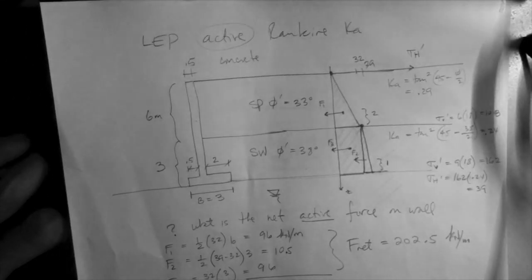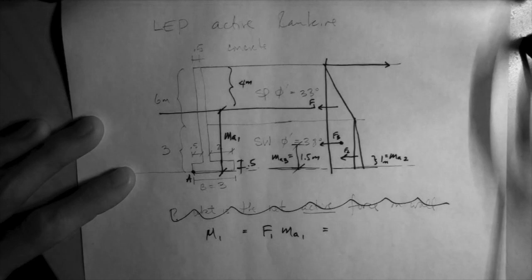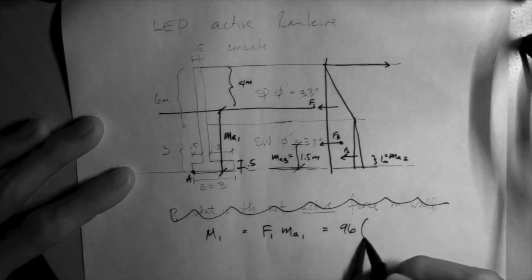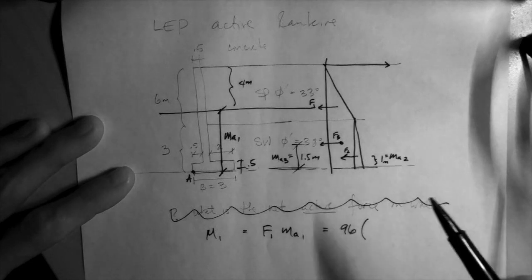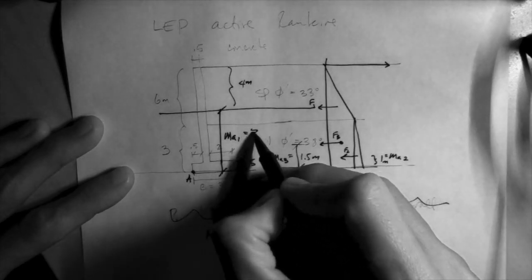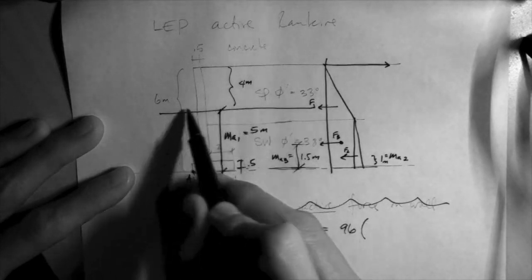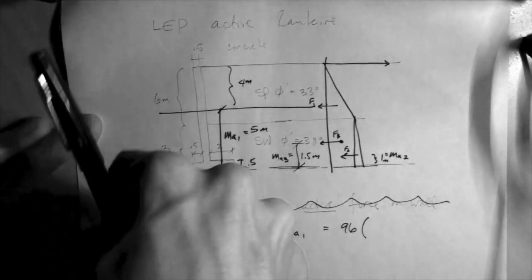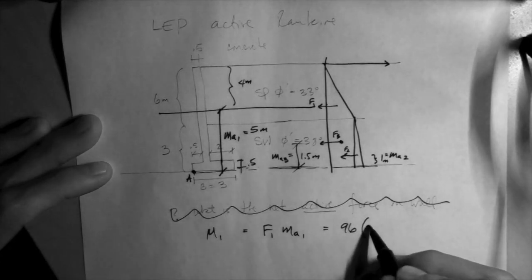You have it here. These are the forces: 96, 10.5, and 96. So 96 times moment arm 1, which is 5 meters. Force 1 produces a moment like that about point A with this arm.